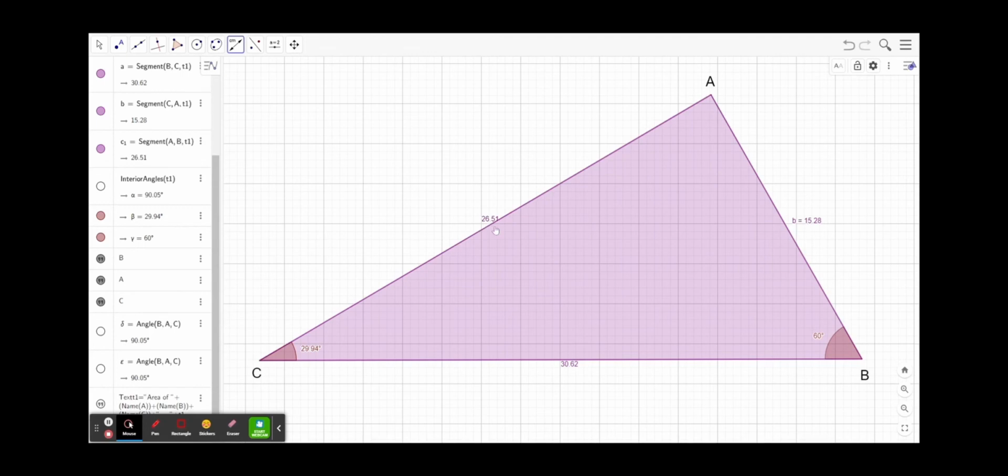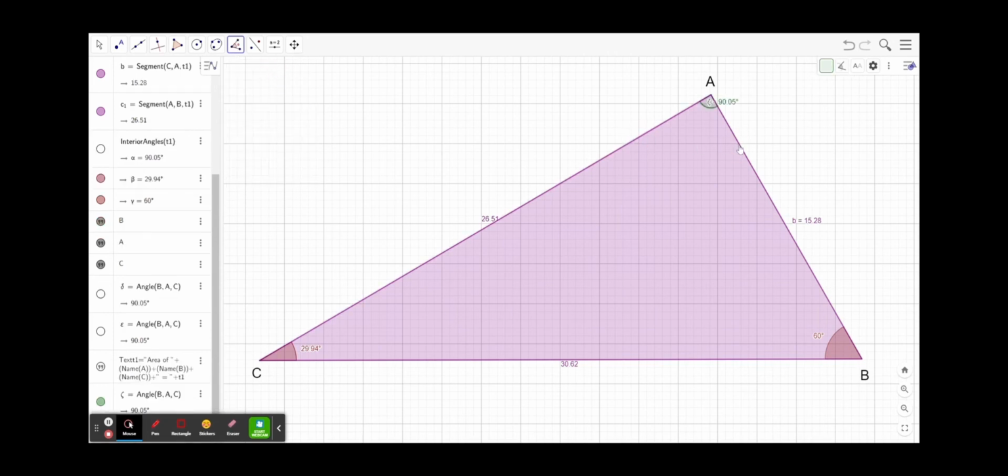Moreover, you can also find the remaining angle of the triangle by clicking the angle feature and selecting two line segments, which will give you the angle in between the two lines. Therefore, the remaining angle, angle A, is equal to 90.05 degrees.